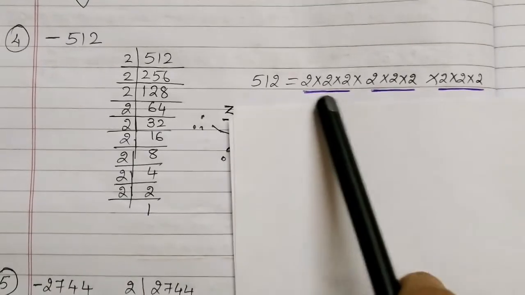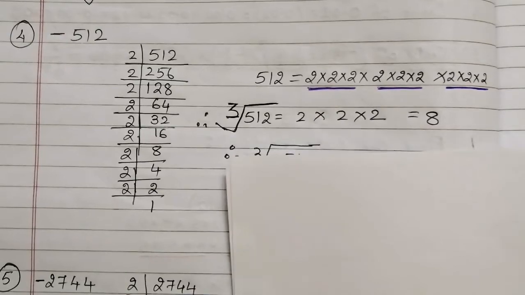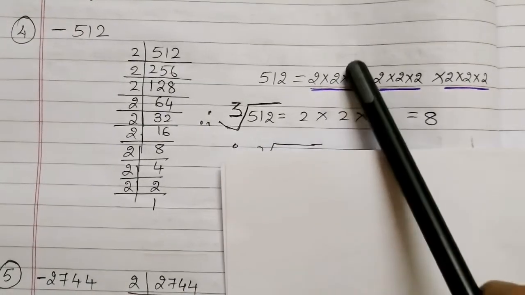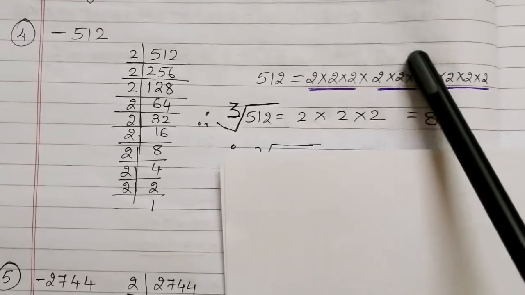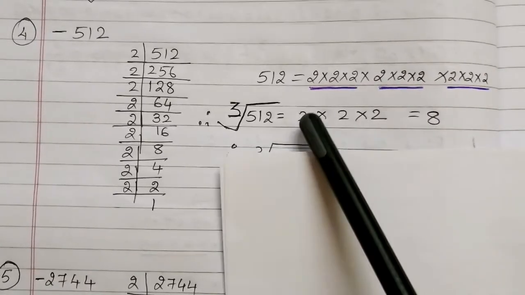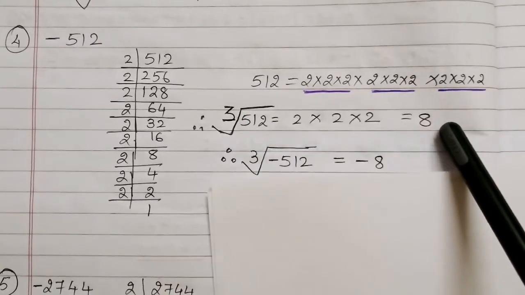Make the group of 3. Then cube root of 512: one 2 came from this group, one 2 from this group, and one 2 from this group. So what you got? 2 into 2 into 2. So cube root of 512 is 8.